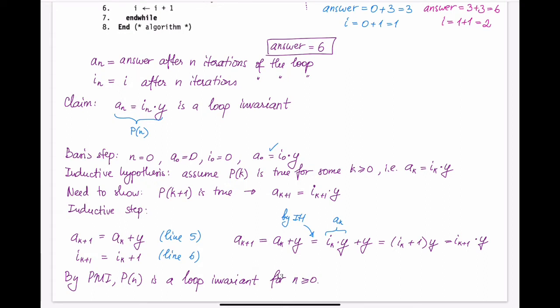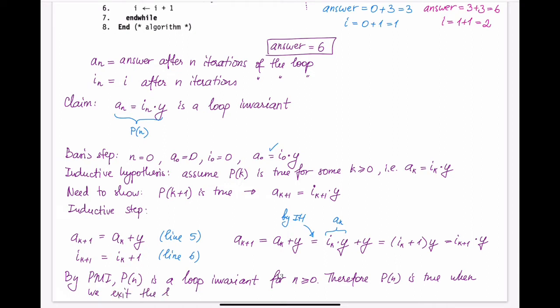Now, that is fantastic news because in particular, that means that P of n is true when we exit the loop. So let's write that down. Therefore, P sub n is true when we exit the loop.